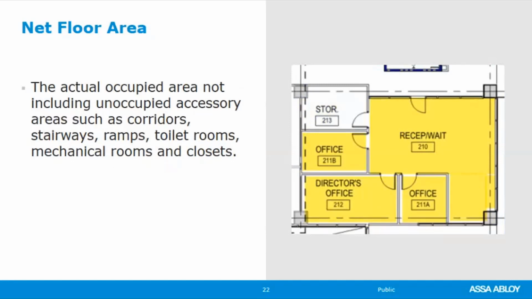And the net floor area, which is the actual occupied area, not including unoccupied accessory areas such as corridors, stairways, ramps, toilet rooms, mechanical rooms, and closets.